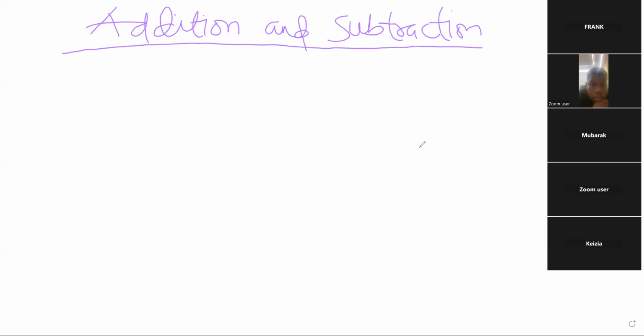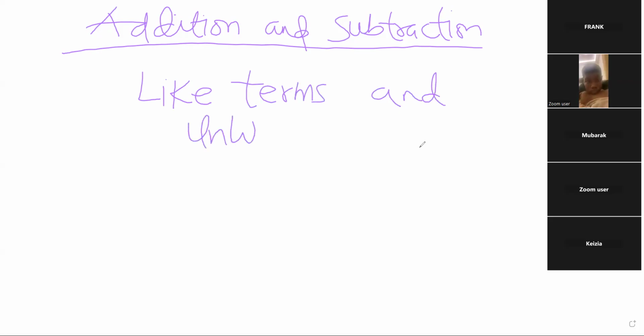So now, note it. Before we can add and subtract algebraic expressions, we have to look at the difference between like terms and unlike terms.